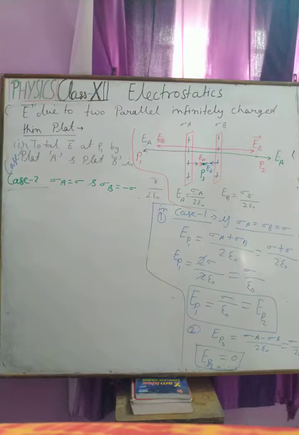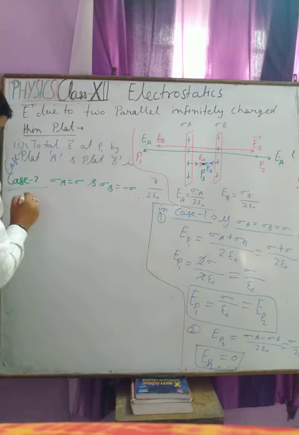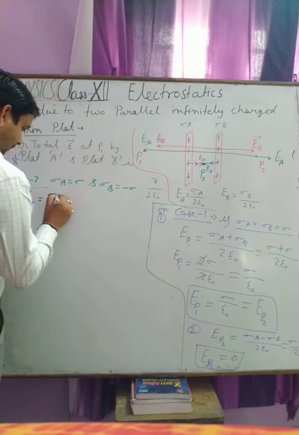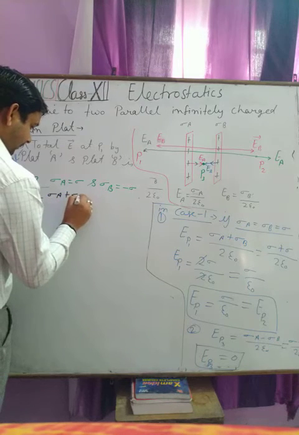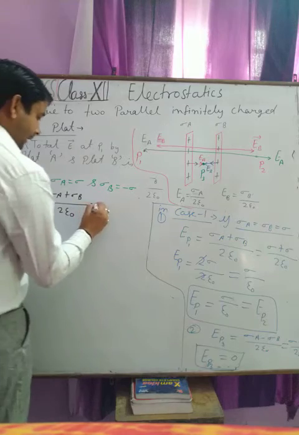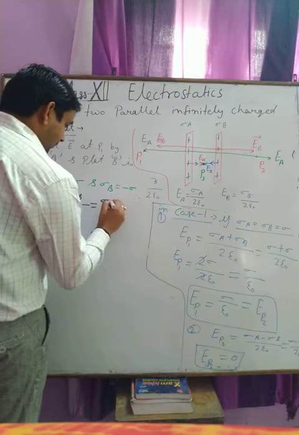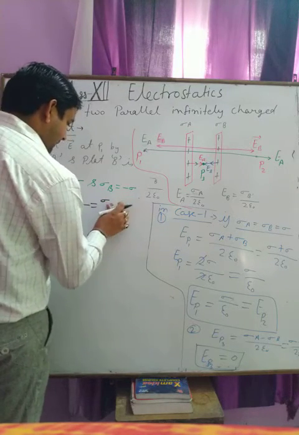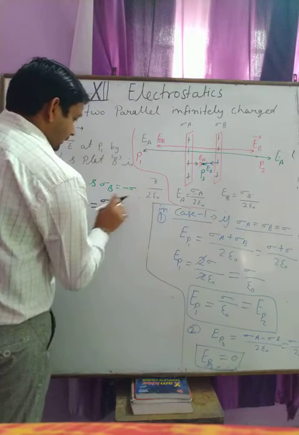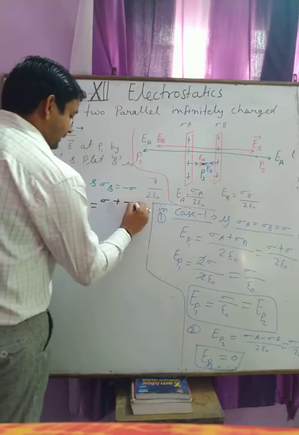Okay, now what we get here, for E_P1 we have the result sigma A plus sigma B upon 2 epsilon naught, with sigma A equal to sigma and sigma B equal to minus sigma.